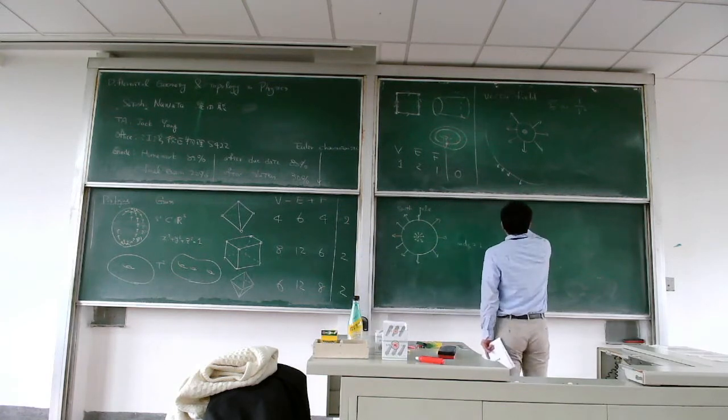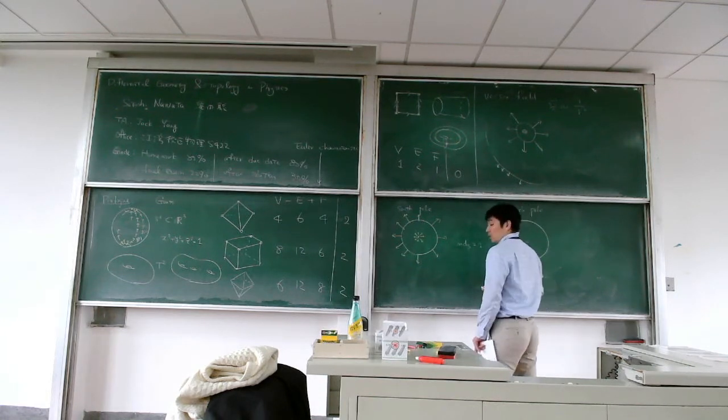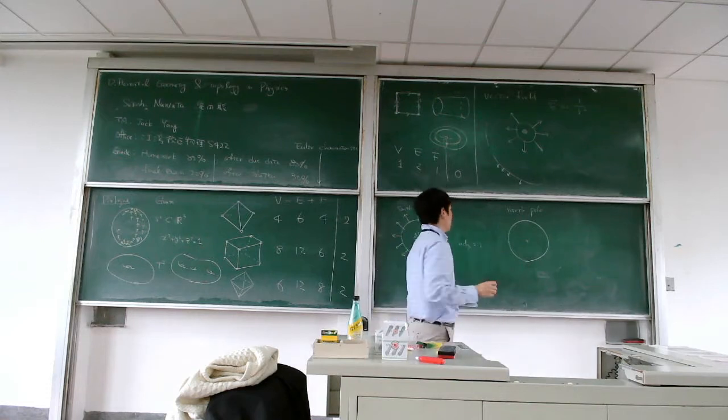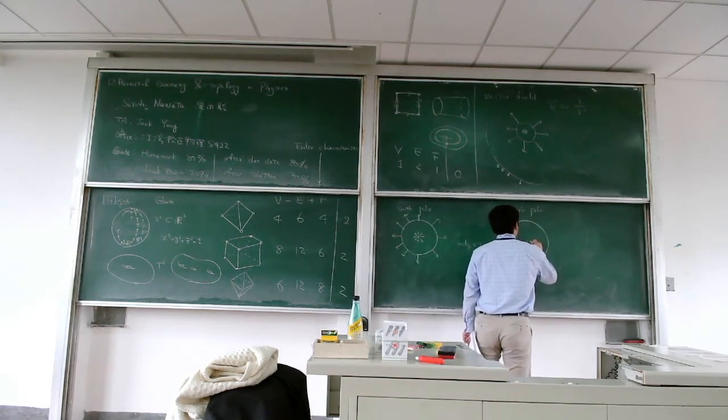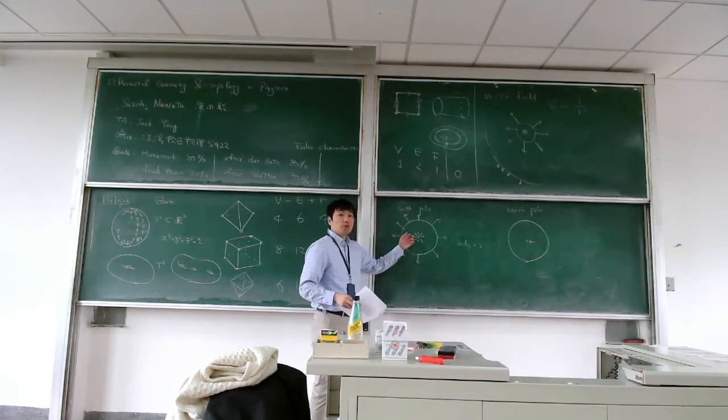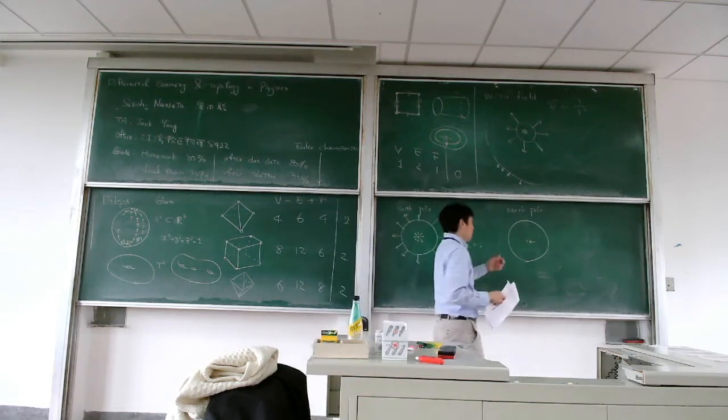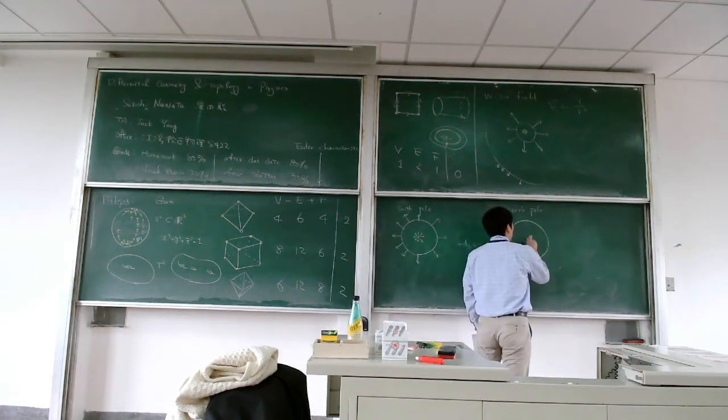And at the North Pole, the situation is the opposite. This is called the source of the vector field, and this is the sink of the vector field.